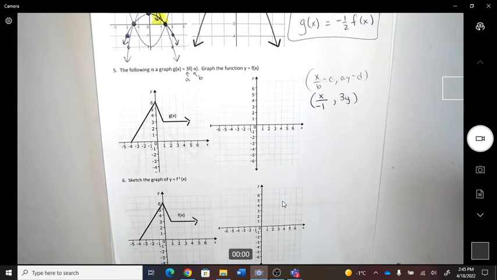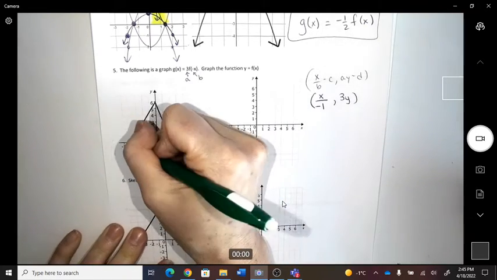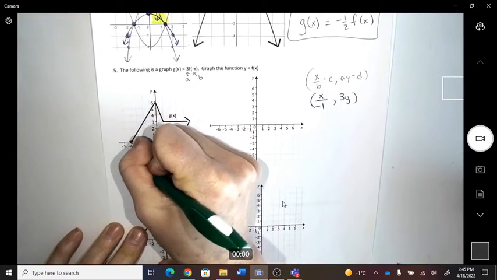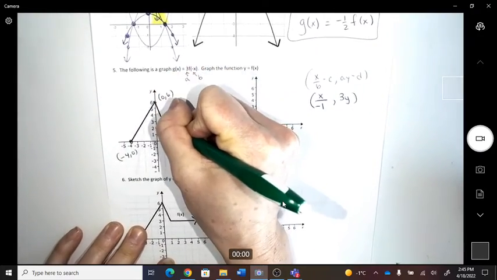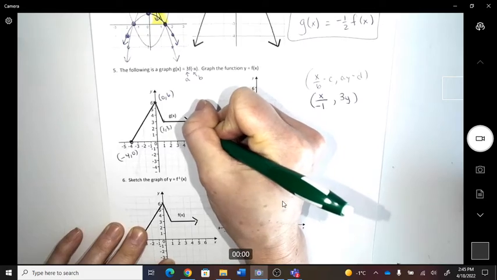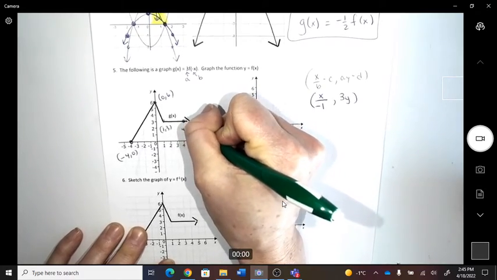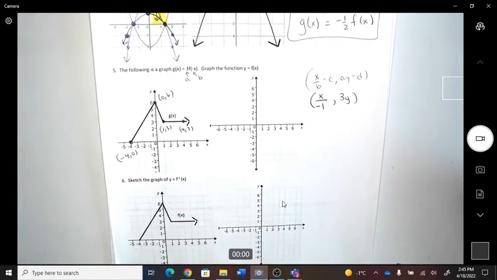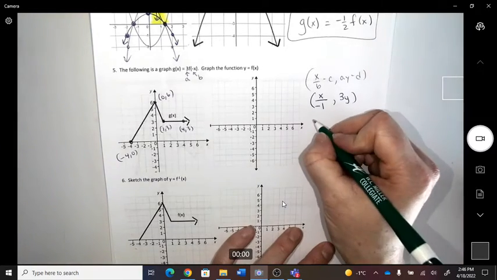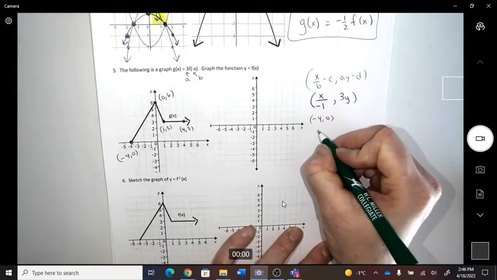We good with that? The -1 and the 3? Okay, I'm taking 4 coordinates to see what happens to them. So you can grab any one. So I'm gonna try those 4 coordinates to see what goes on.